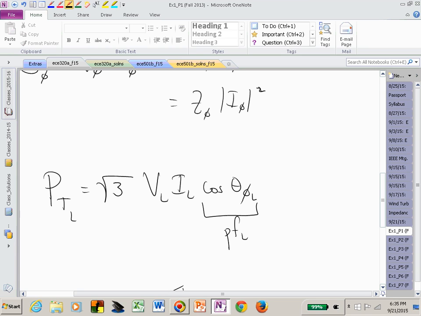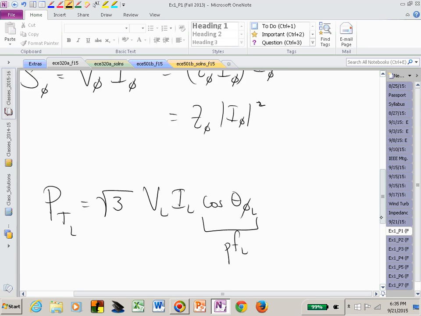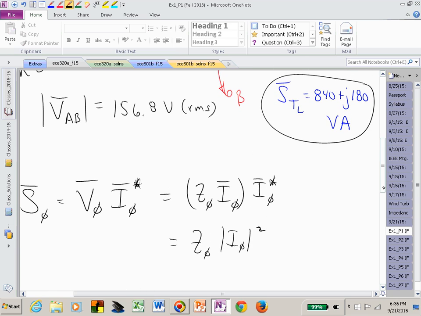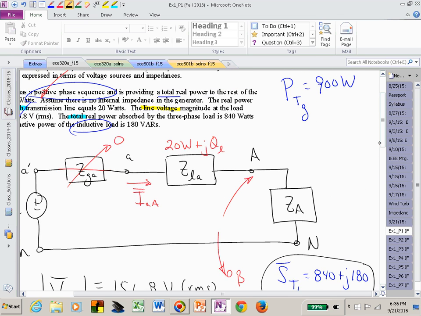I have the line voltage at the load, and I want to find my line current so that I can find this impedance of my load, and that will maybe help me find the impedance, at least the real part, of my transmission line. Other questions?